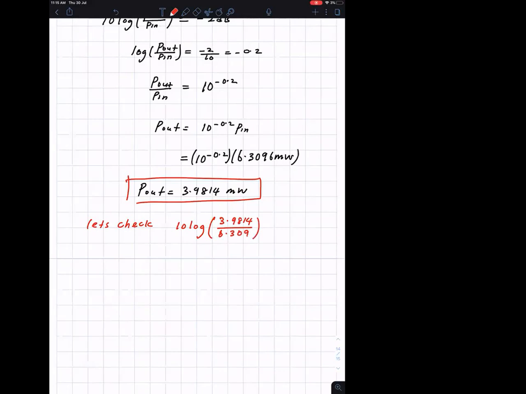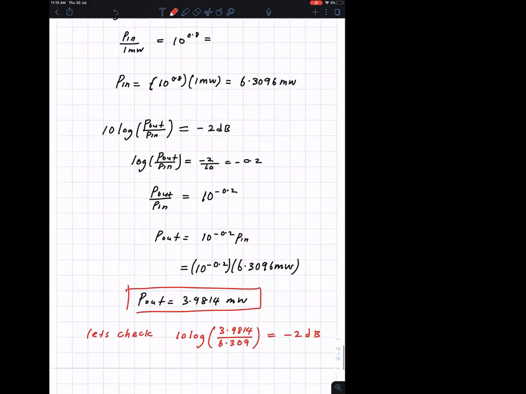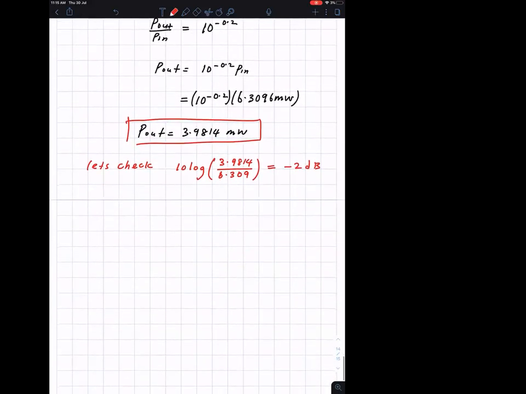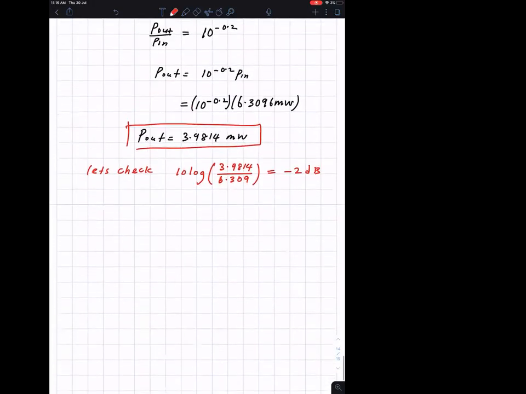Both of them are milliwatts, so they cancel each other, and that will give you minus 2 dB. Okay, just checking, after finding out the P out, I just wanted to check if our calculation was correct. There's another easier way to do this.